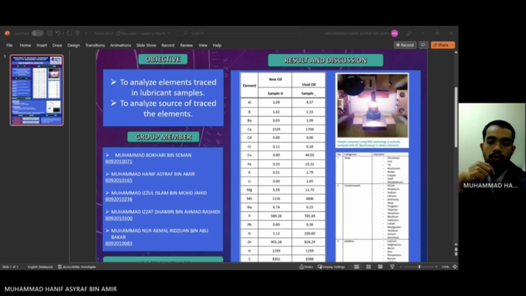From the previous methodology, after we run the experiment and the procedure, we will get the result from the software.